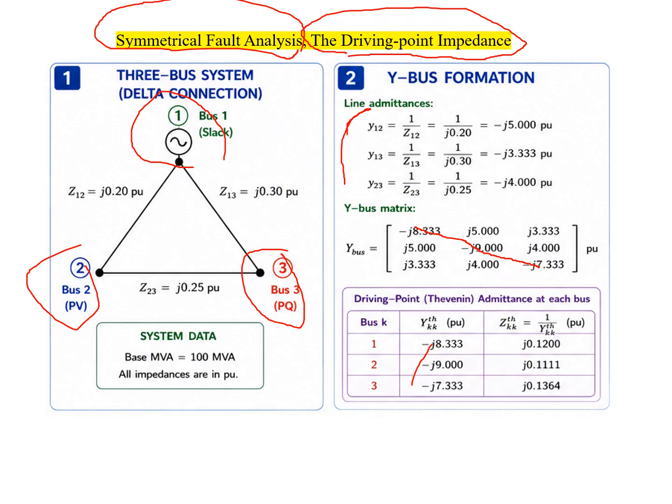So when we calculate the voltage, current, and interrupting capacity of a circuit breaker required for a fault that occurs at any bus, we can calculate the magnitude of the current considering the pre-fault voltage magnitude and the driving point impedance.